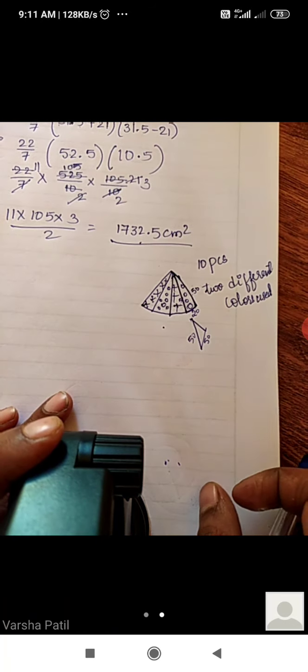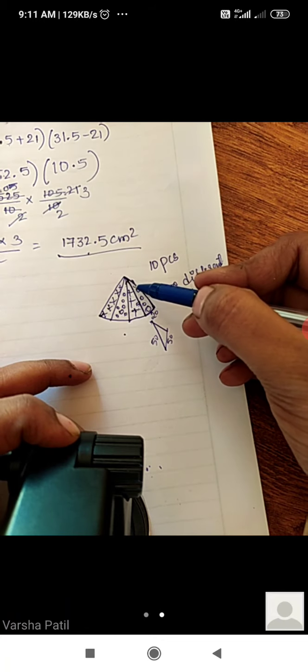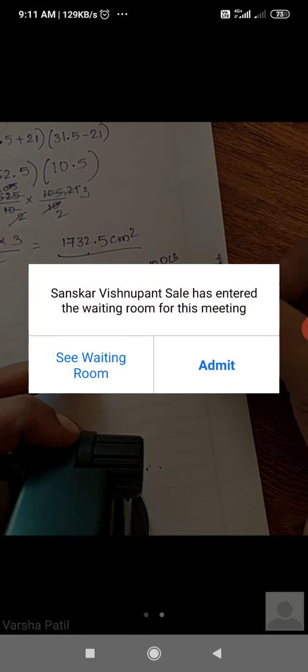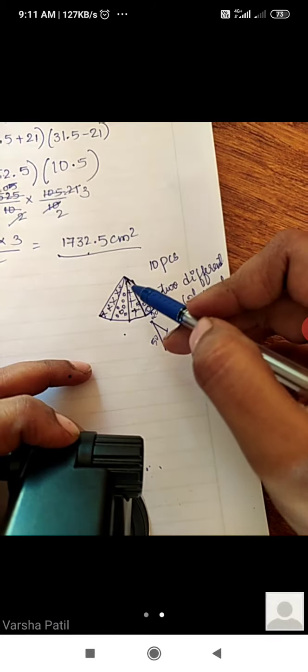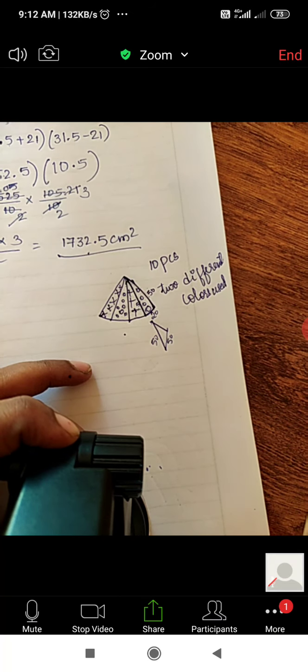Now tell me how much cloth for each color is required for the umbrella. To know how much total cloth is required, we want the area of this cloth, correct? We know there are two different kinds of cloth used.